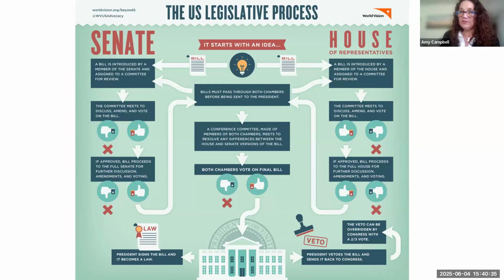But if it gets to the governor and she vetoes it, it's a whole new ballgame. Now you've got to ask your legislature to override the governor's veto. At the federal level, it's the same. At both the state and federal level, vetoes require a 2/3 vote to override.